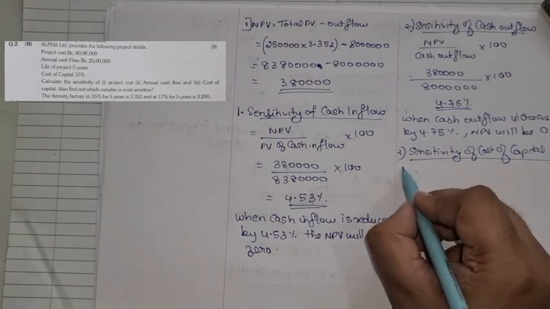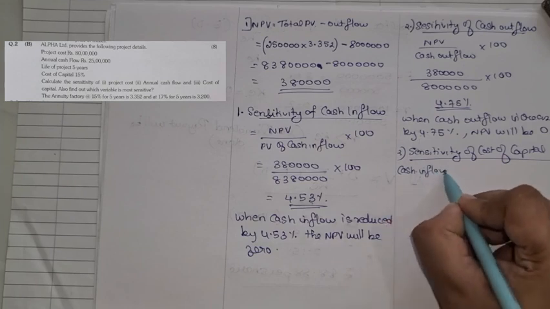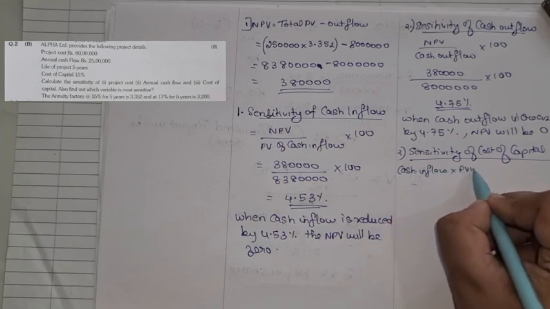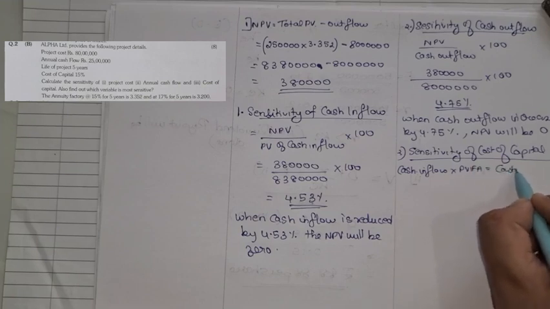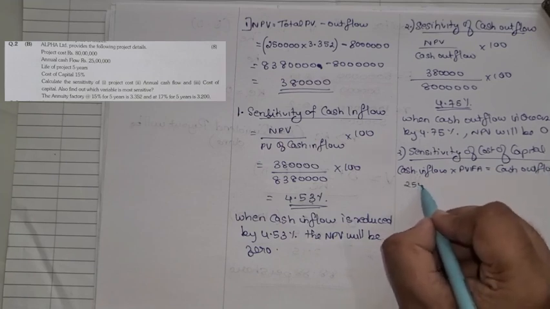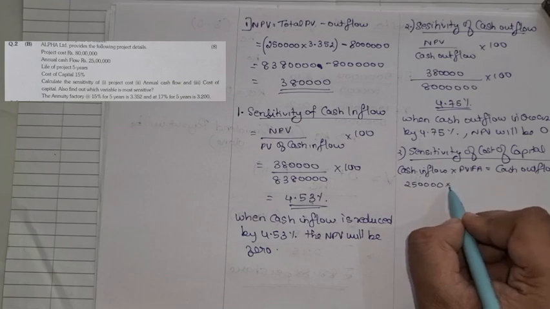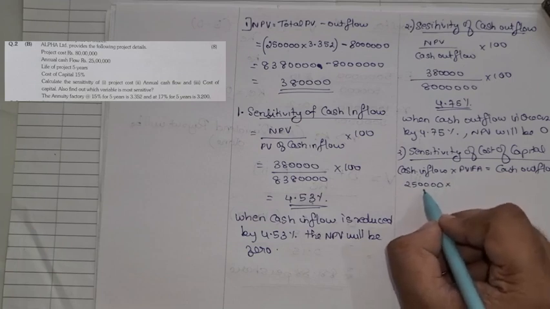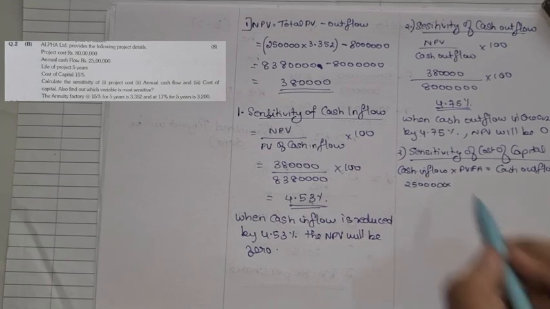The formula is, this is very important: cash inflow into the present value factor is equal to cash outflow. Now inflow was 25 lakhs per year, and outflow was 80 lakhs.